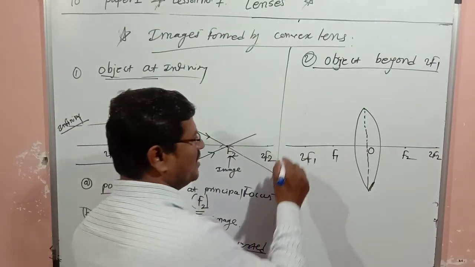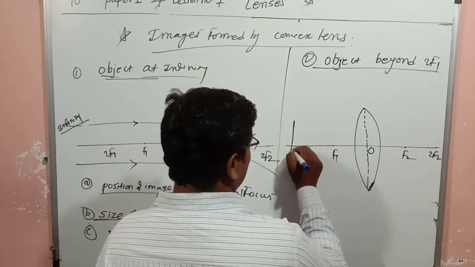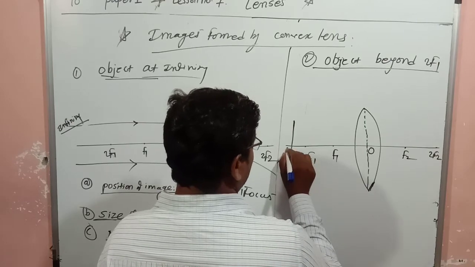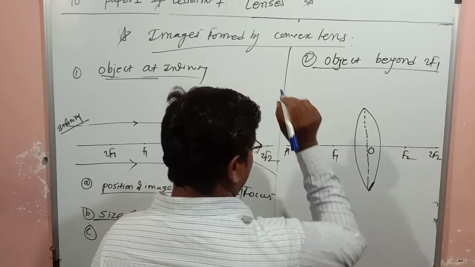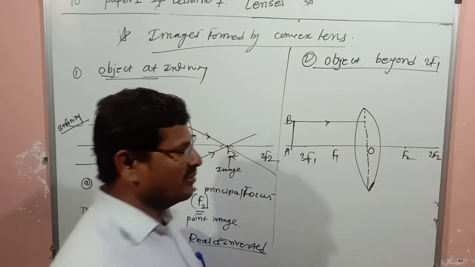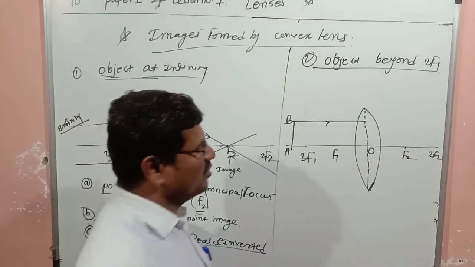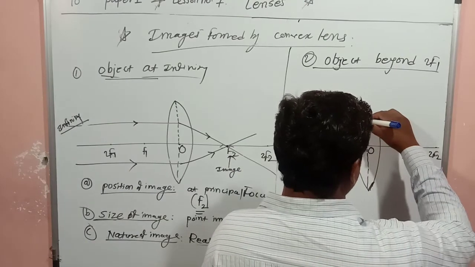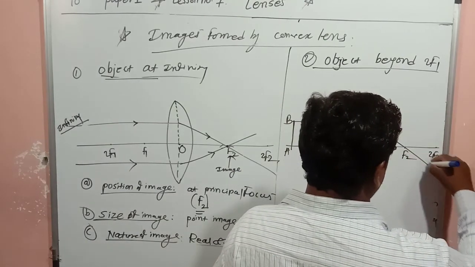Now in the second case, where you are keeping the object beyond 2f1, the object will be here. Suppose AB is the object. The first light ray goes parallel to the principal axis; we know after refraction it passes through the principal focus.